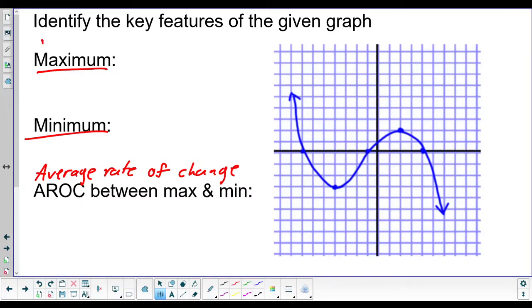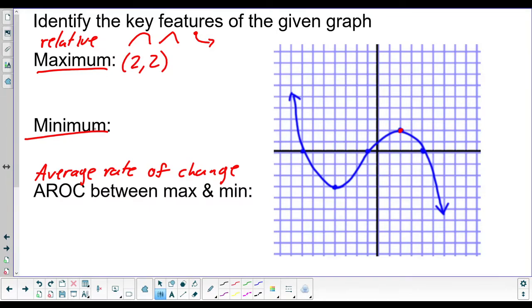All right, maximum. Keep in mind that these are called relative maximums. We're looking for hills, peaks, and then points where the graph drops down from. Okay? We have a hill, it's right here, and there's our max at 1, 2. So 1, 2 is our maximum.